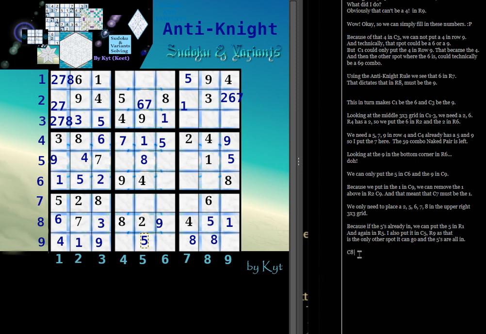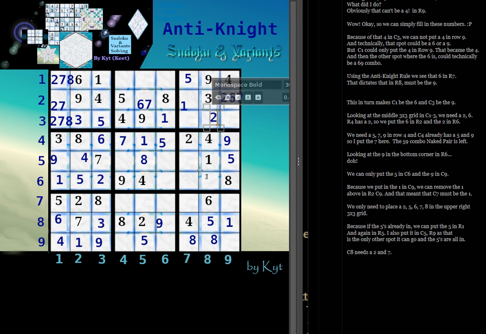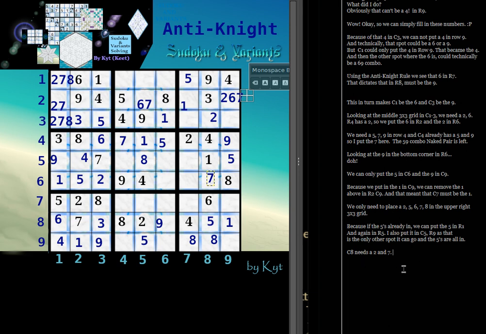Okay, column 8 needs a 2 and 7. The 2 can only go on row 3 to put the 7 in row 6.